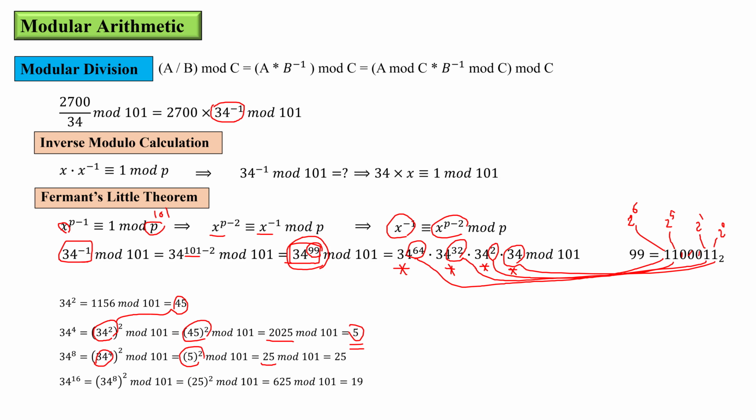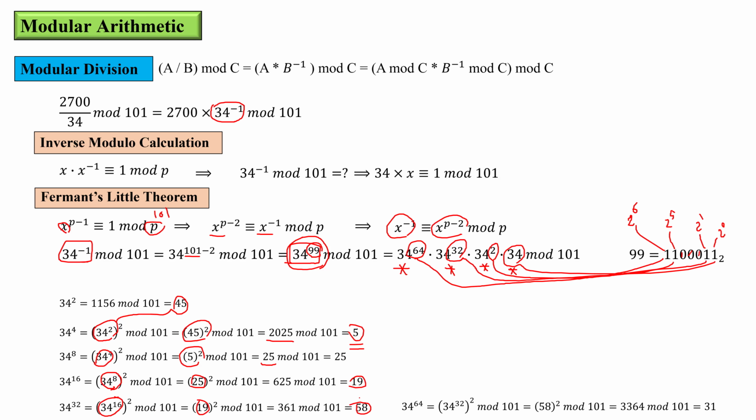And 34 to the power of 16 equals 34 to the power of 8 and then to the power of 2, which is 25. 25 to the power of 2 mod 101 equals 19. Next, 34 to the power of 32 equals 34 to the power of 16 to the power of 2. From the previous step, it equals 19 to the power of 2, which gives 58.